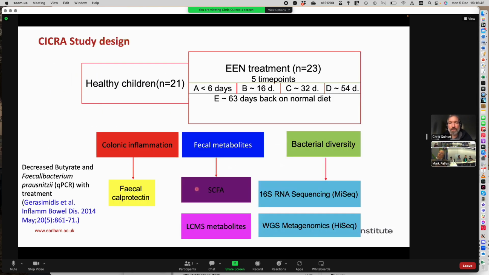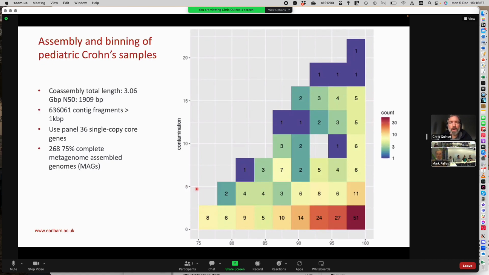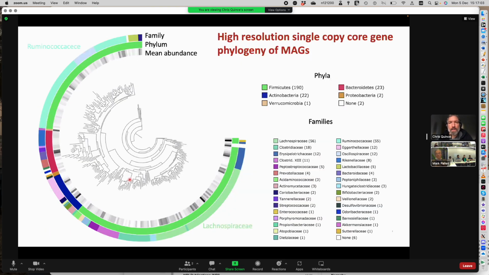I'll very briefly show you the results from binning on the CICRA data set. This was quite a low depth data set, but we still got a reasonable number of MAGs, some 268. One of the nice things about pulling out MAGs is you can now do a high resolution phylogeny.